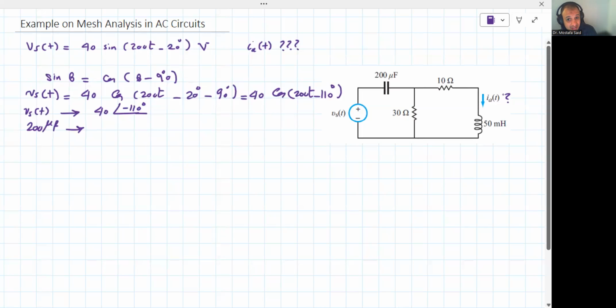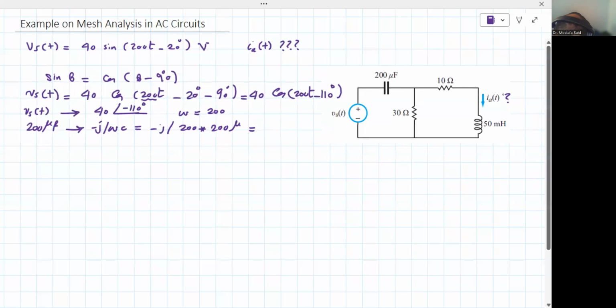Now the capacitor, 200 microfarad. This guy has a reactance, which is minus j over omega C. What is omega here? Omega is equal to 200. So minus j over 200 multiplied by C, which is 200 microfarad.